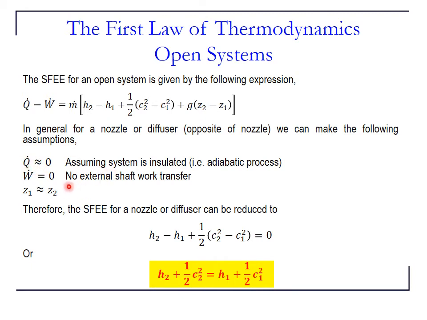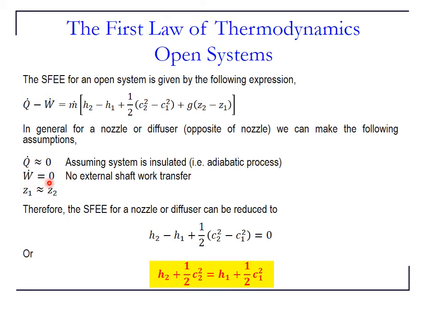Also, as you can see from the previous image, a nozzle is basically designed to increase the air velocity. It's not designed to output any work, and there's no work done to the system at the same time, so we can assume that the work transfer inside a nozzle can also be ignored.